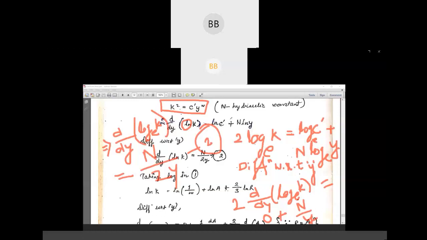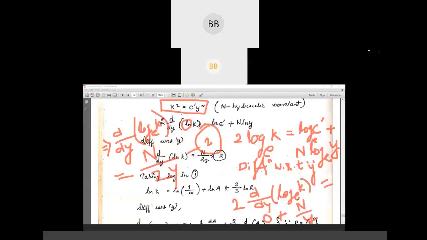So similarly, we have to take first logarithm and then we have to go for differentiation with respect to y. So this equation number 2 for both your Sedgwick's equation and Manning's equation is the same. You go back to your notes, you can see that equation number 2 for both the cases is the same.